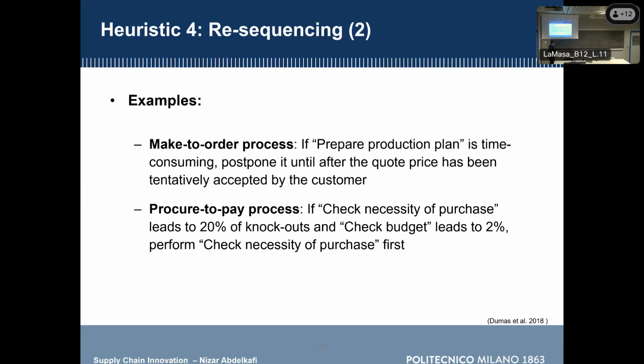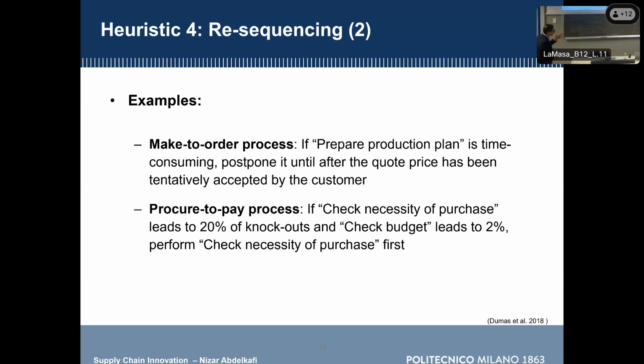For example, if the production plan is very expensive to do, the idea is that we're not talking about knockout checks and weak and strong checks. No, we are talking just about resequencing here. The production plan could be very costly to write, right? You start from the bill of materials and then derive the production plan, all the equipment and machines that you require in order to make the final customized product.